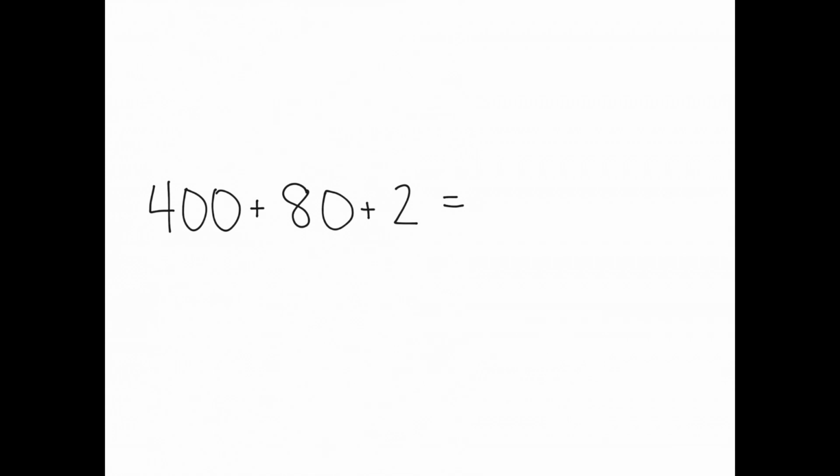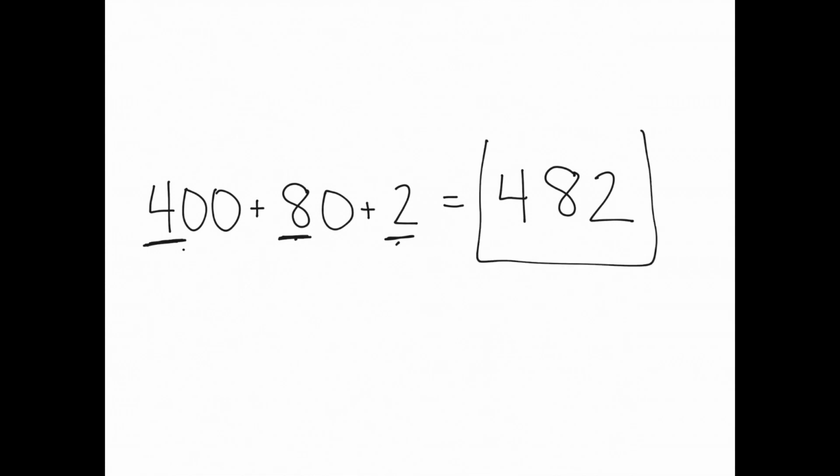If I need to write that as a normal or standard number, I see that I have 4 hundreds. I see that I have 8 tens, and I see that I have 2 ones. 400 plus 80 plus 2 equals 482.